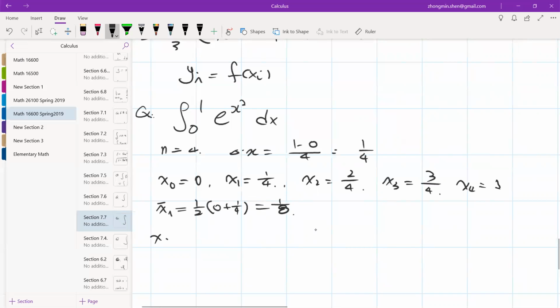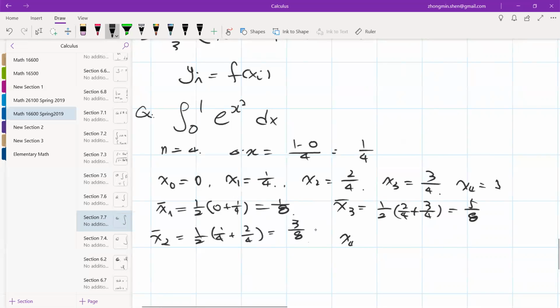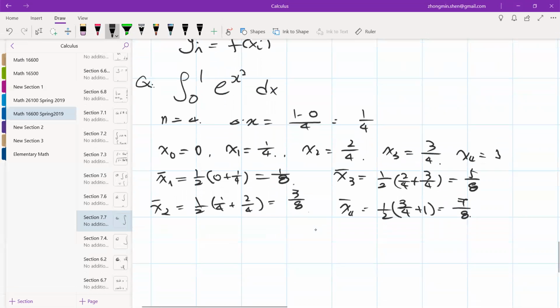X2 bar is going to be 1/4 plus 2 over 4, divided by 2. So it's going to be 3 over 8. And x3 bar is going to be 5 over 8. X4 bar is going to be, I think, 7 over 8. So those are the midpoints.